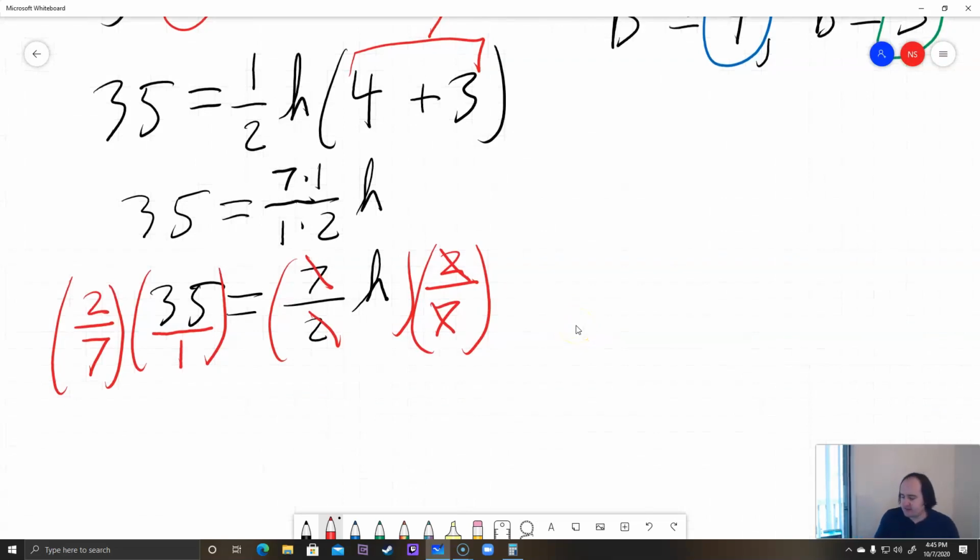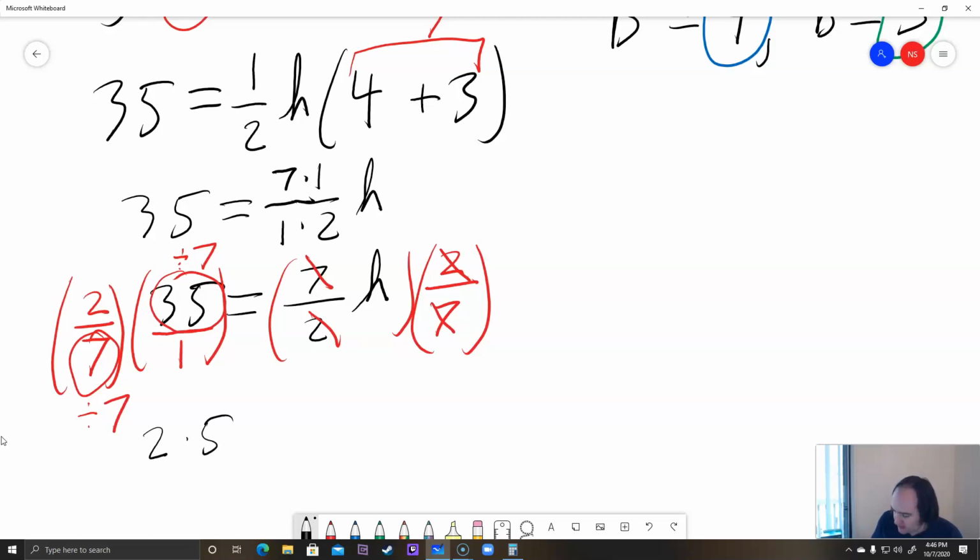And on the left side, we can simplify a little bit. So we notice we have a 35 here and a 7 down there. So we can divide the top and the bottom by a common factor of 7. So I'm going to divide the 35 on the top and the 7 on the bottom, we're going to divide those both by 7. Okay? So that's going to give us 2 times 35 divided by 7 is 5.